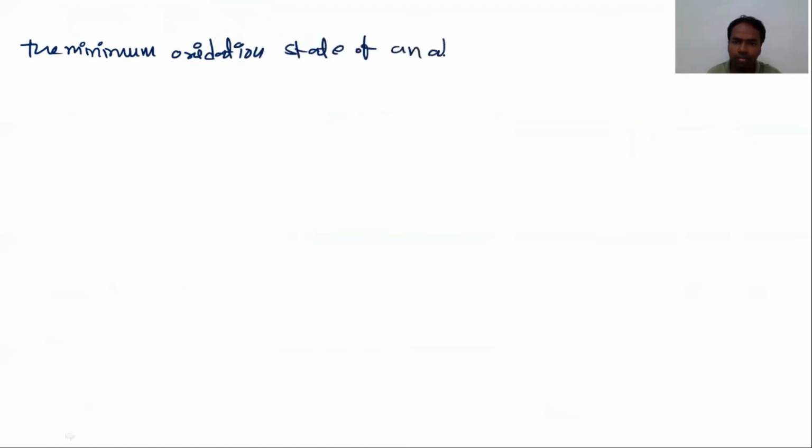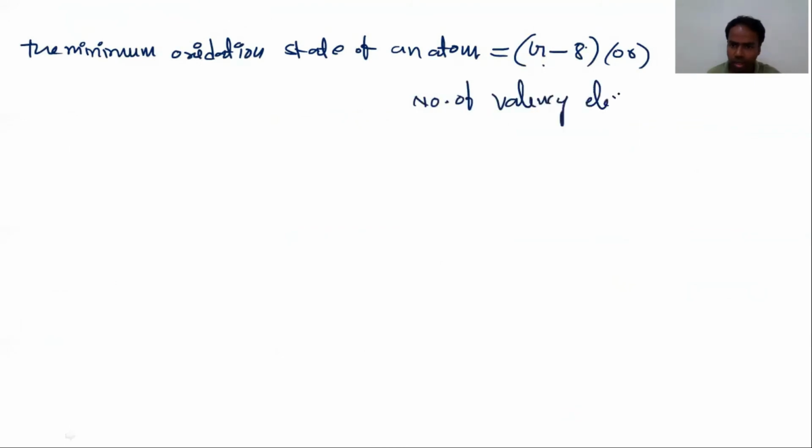Now, how can you find the minimum oxidation state? The minimum oxidation state of an atom is equal to group number - 8, or number of valence electrons - 8.